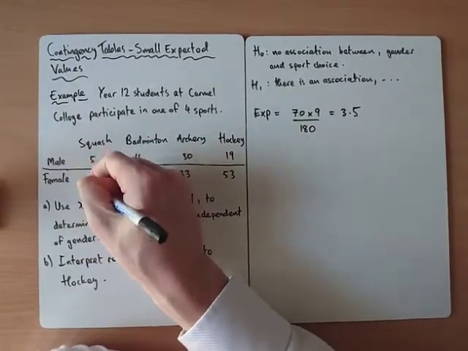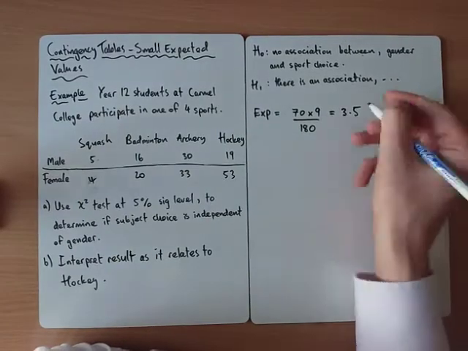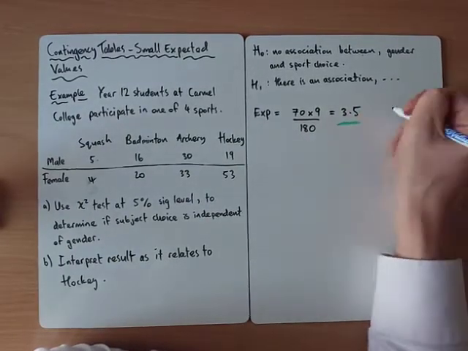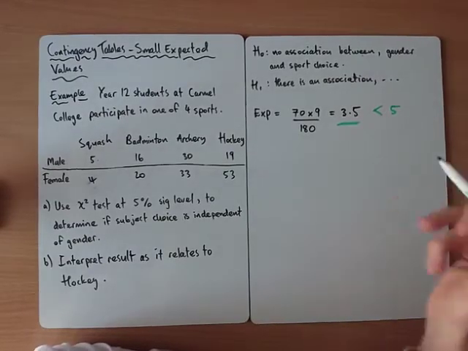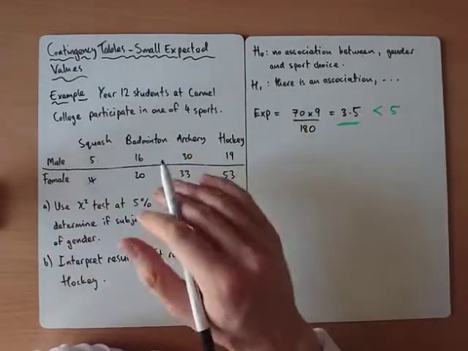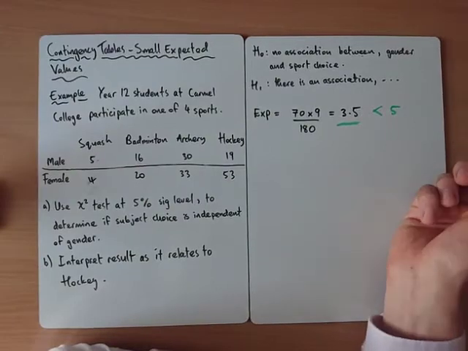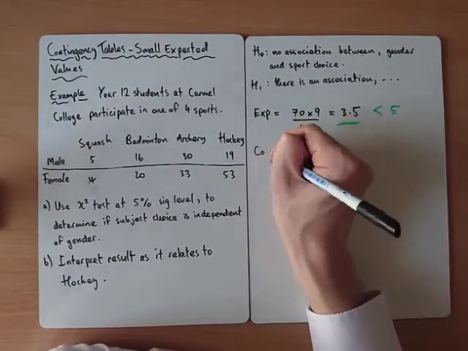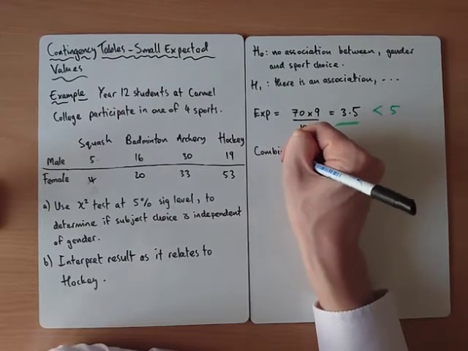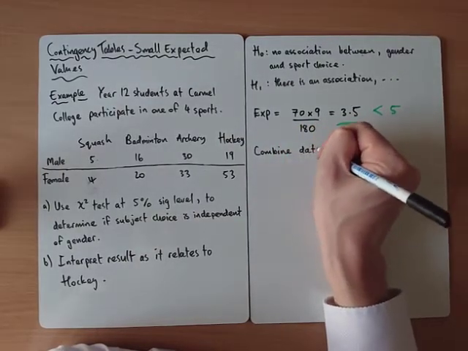When we say small, we're looking for an expected value which is less than 5. If this happens, you don't need to carry on and calculate all the expected values. You can say, as one of the expected values is less than 5, combine the data.